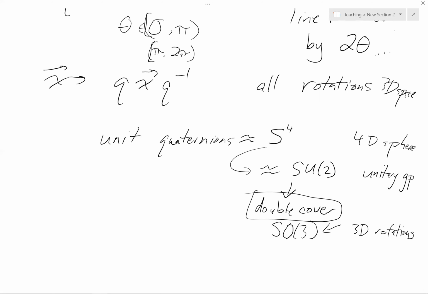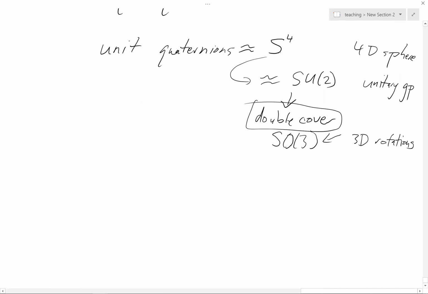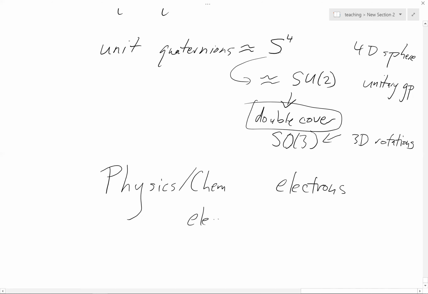Well, it means that the world is weirder than we think it is. But you've seen this before if you took physics or chemistry and you learned about electrons. Well, somebody probably told you at some point, if I take an electron and I rotate it 360 degrees, you would think you get back with the same thing you started, but you don't.